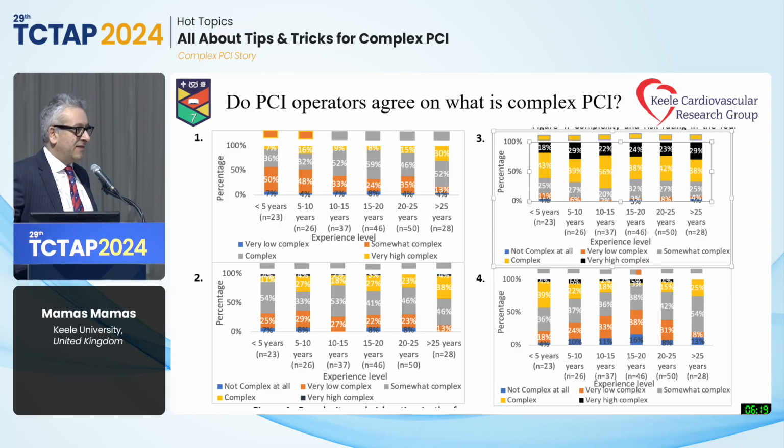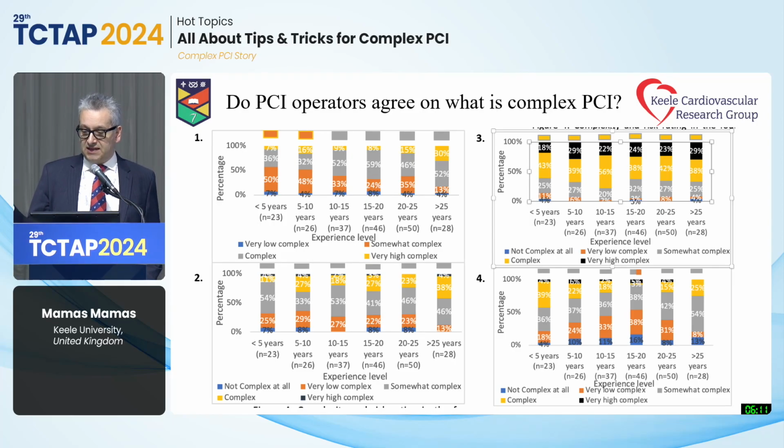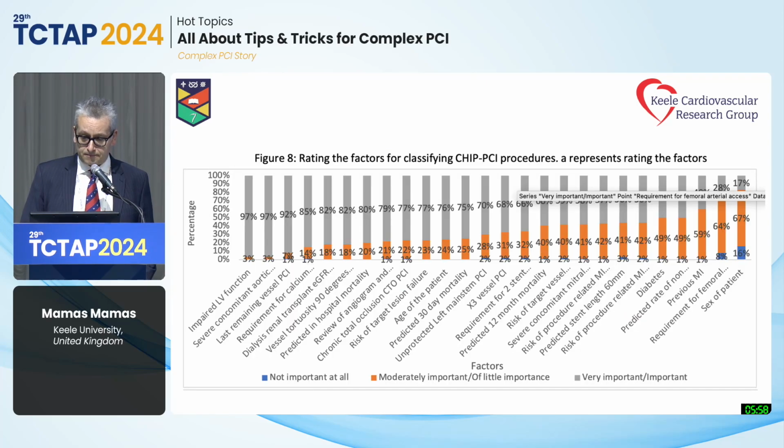And actually, there was very poor agreement. So the R-squared was something like 0.2. So very poor agreement amongst very experienced interventional cardiologists, irrespective of seniority. So even people that had finished their fellowships 25 years ago could not agree on what complex PCI was.